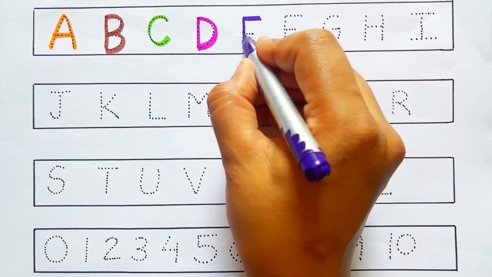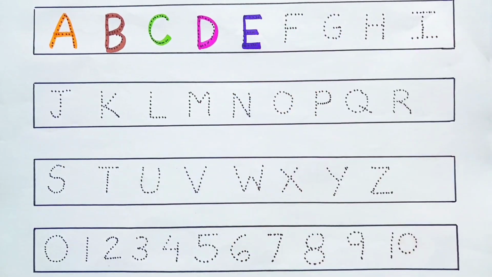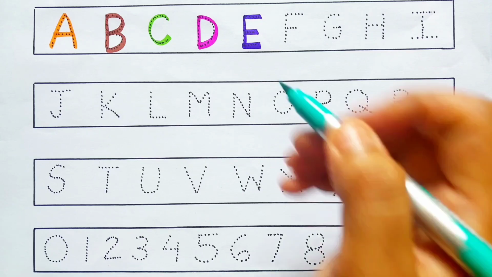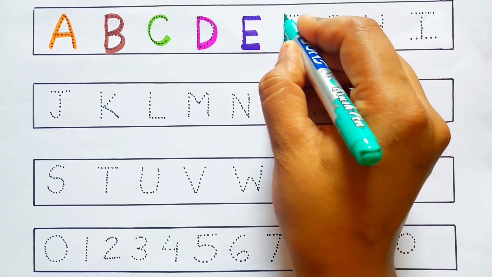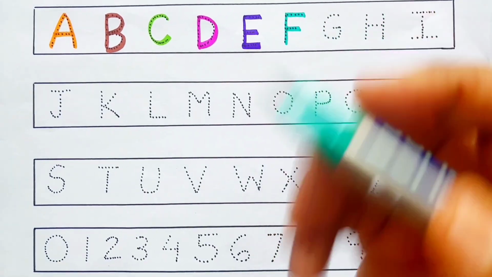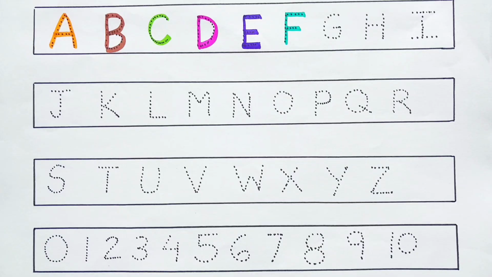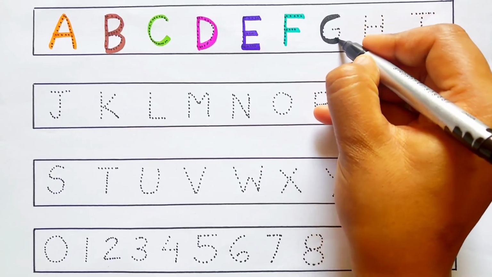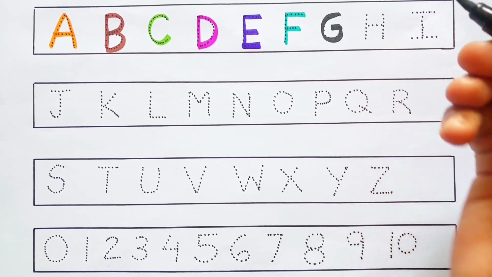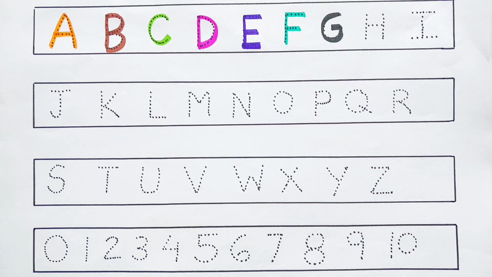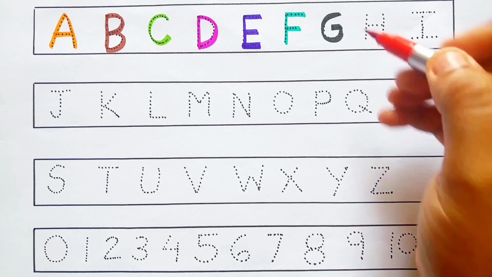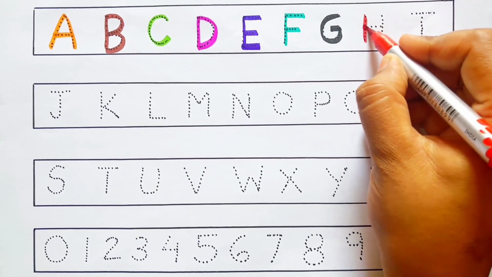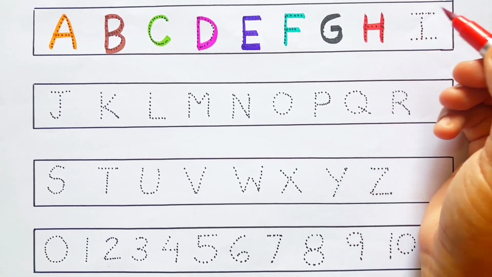E. E for eagle. F. F for fish. G. G for gun. H. H for horse.